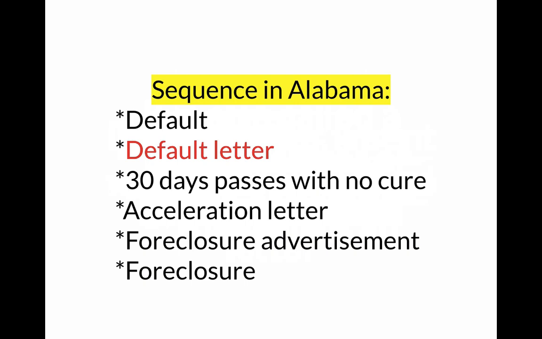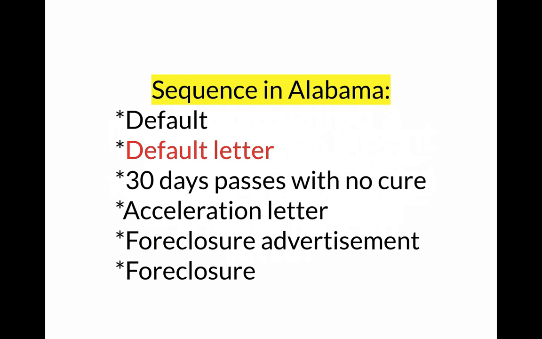So in Alabama, here's the sequence. And in most non-judicial states, it'll be similar to this. There's a default. In other words, I don't pay my mortgage. I don't keep my insurance. Whatever the case might be, where I violate a rule or a requirement in the note, being the debt, or the mortgage, which is the security that ties the debt to the dirt, ties the debt to the property.